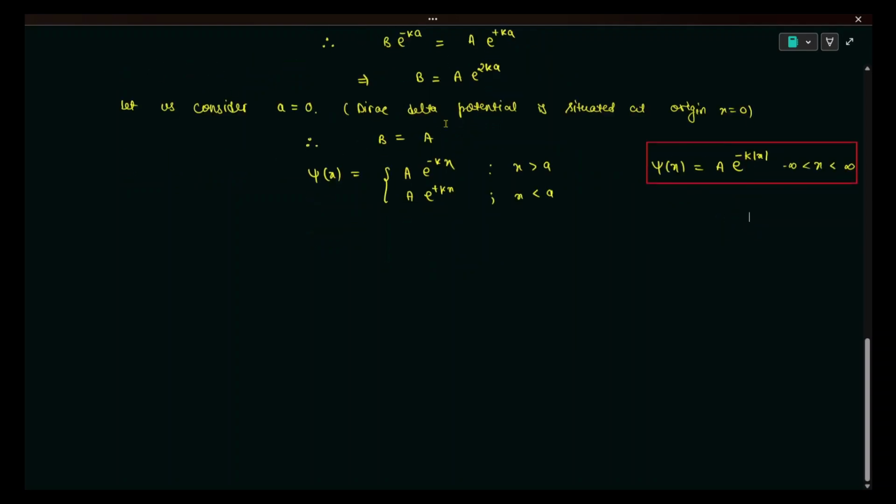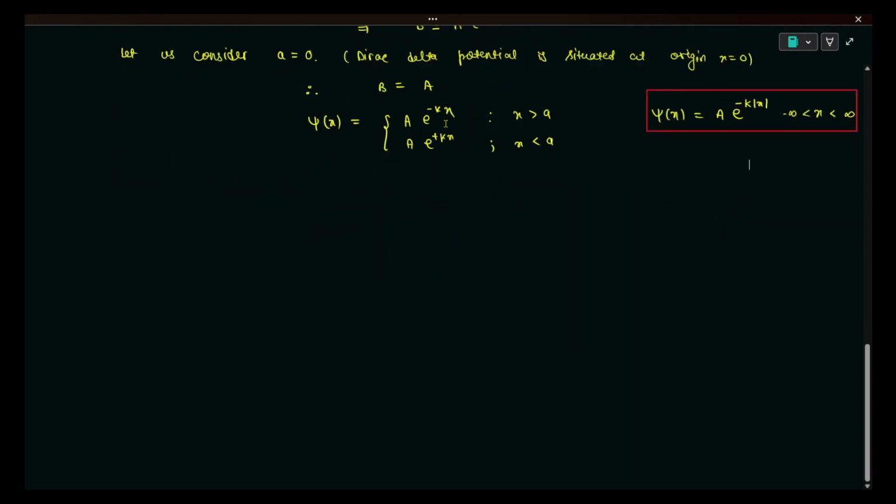So let's try to plot this function. If you see the functional form of this wave function, it is an exponentially decaying function on both sides of the origin. So this is the x-axis and this is my psi of x. At x equal to 0 it has the value a, this is the peak value, and on either side it is exponentially decaying.